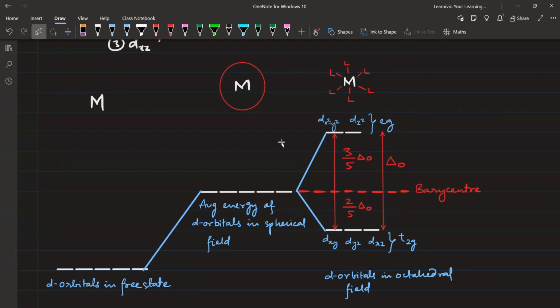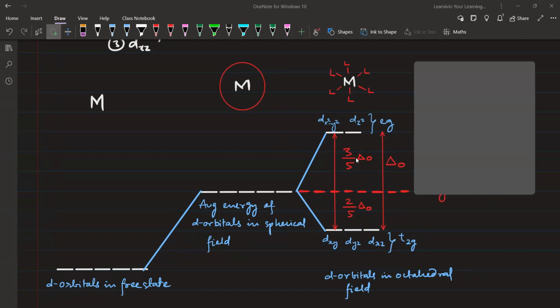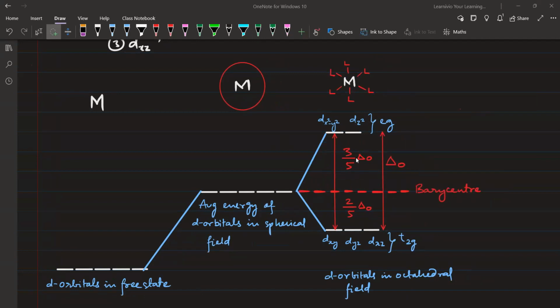बाय द वे देखिए, एक कंसेप्चुअल सवाल है जो कि जनरली पूछा जा सकता है, दैट ये बात तो समझ में आती है दैट if the ligands are approaching on the axis, the axial d orbitals are going to experience more repulsion. That is why their energy will further increase. The question can come, why do we see a decrease in energy for the non-axial one?